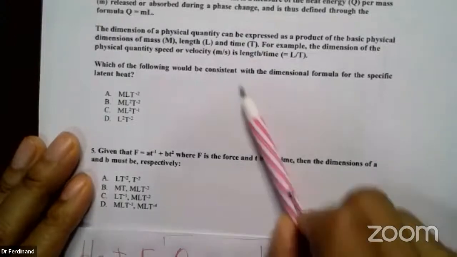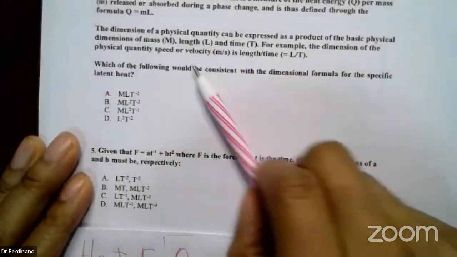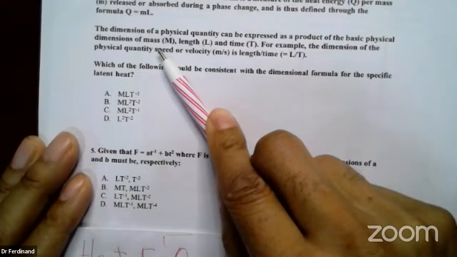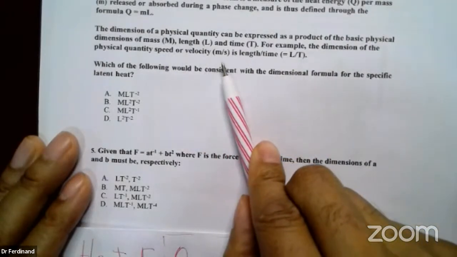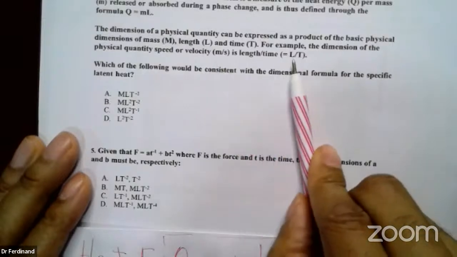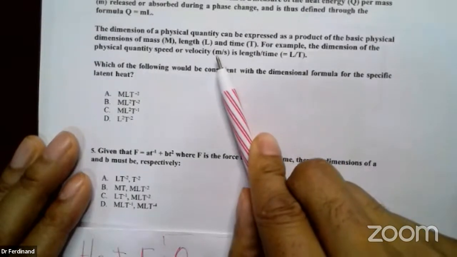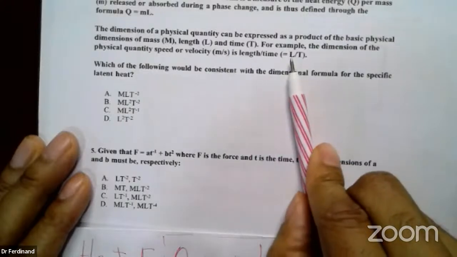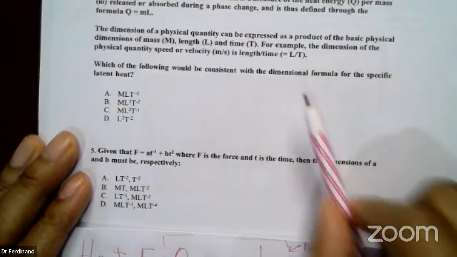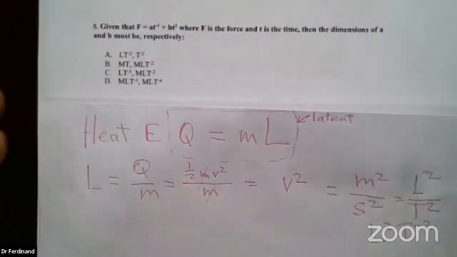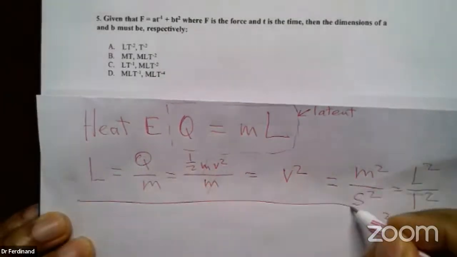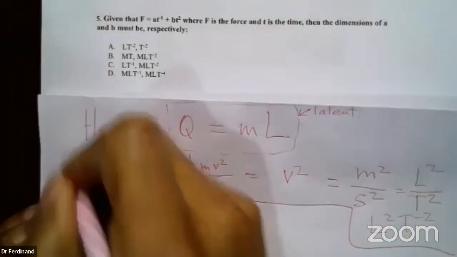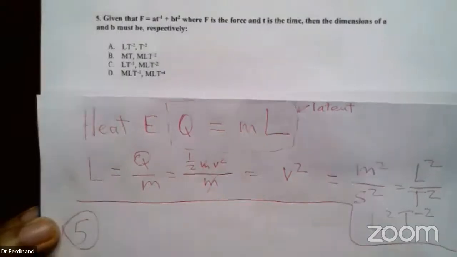Don't forget, the problem is defining that these capital letters are mass, length, and time, and the example of velocity, meters per second, is L over T. So obviously meters squared over second squared would be L squared over T squared, which is what we determined. Okay, so now we have newtons. And if you did come up with an answer for question number 5, you can put that in the chat.